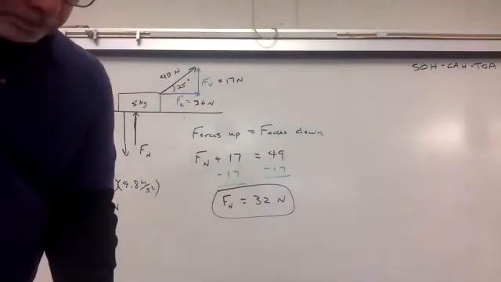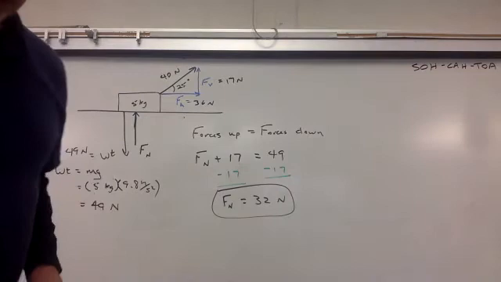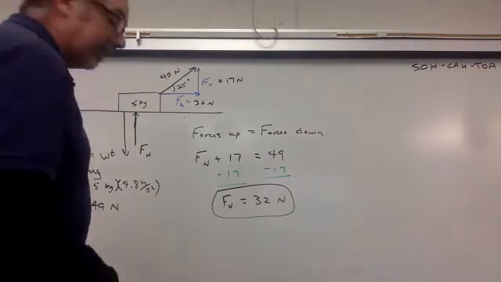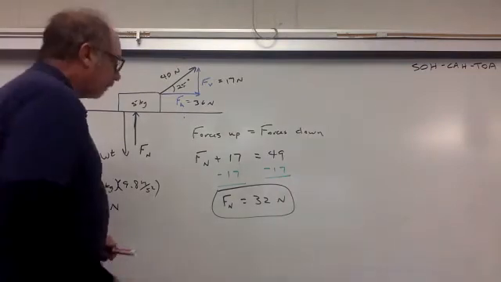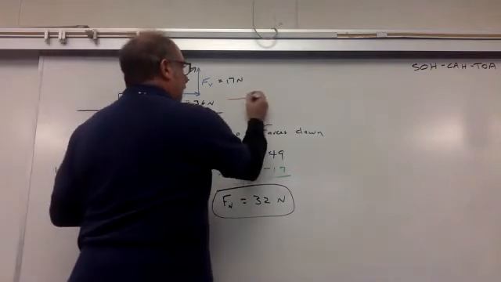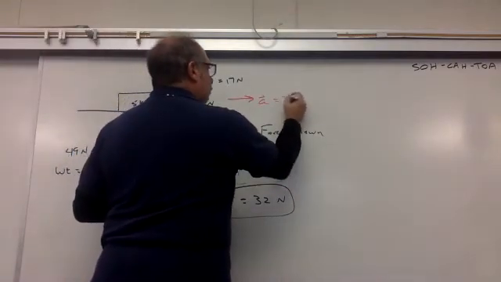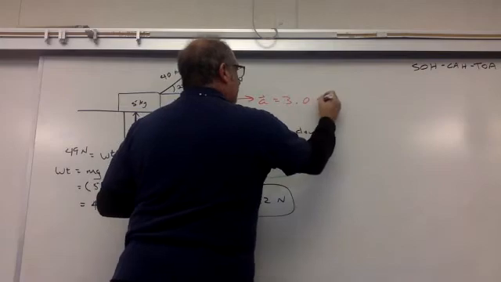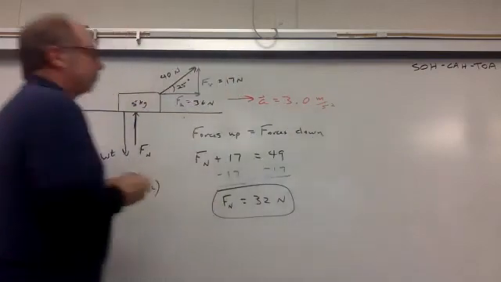And then part C, what tension in the rope would be necessary to accelerate the box at 3 meters per second squared? I want an acceleration of 3 meters per second squared.